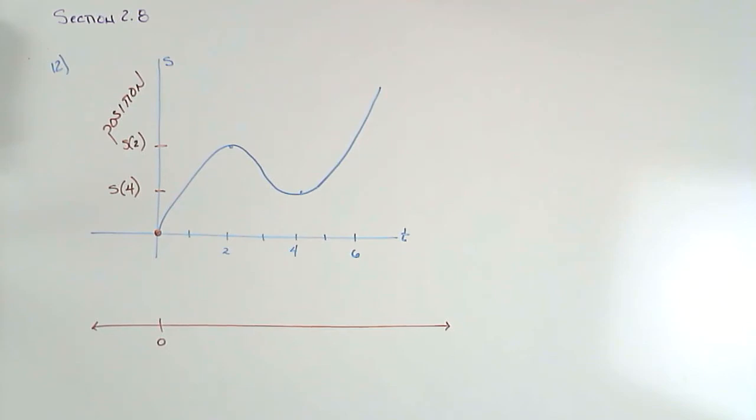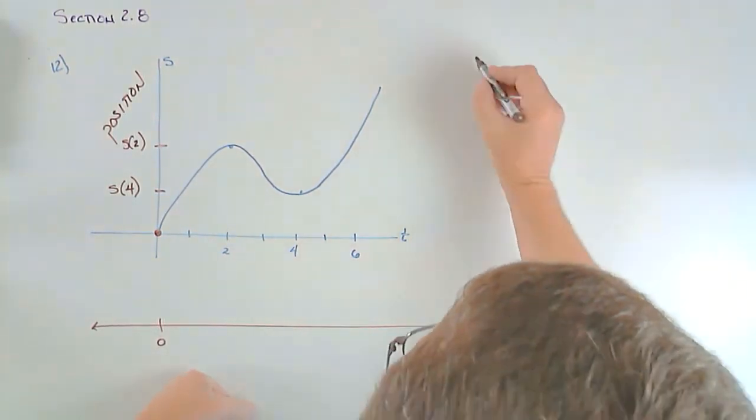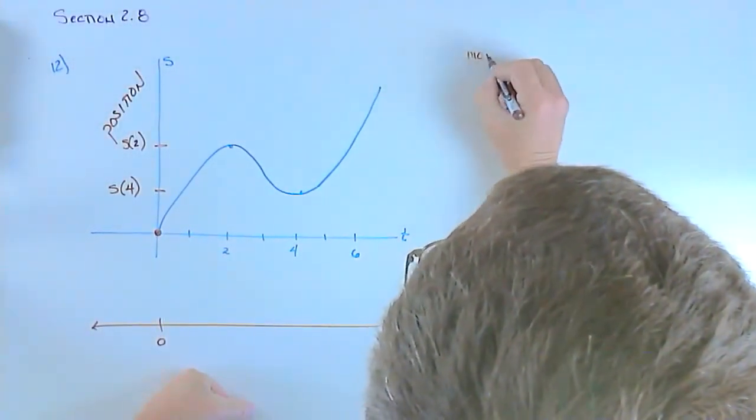It says, when is the particle moving toward the right, and when is it moving toward the left? When does the particle have positive acceleration, and when does it have negative acceleration?